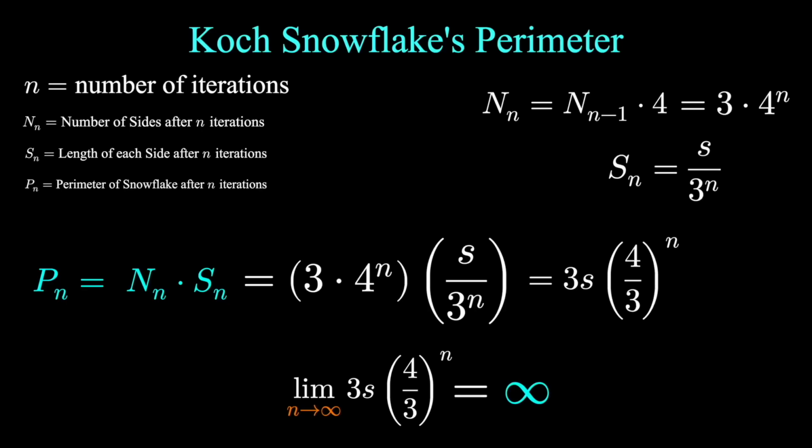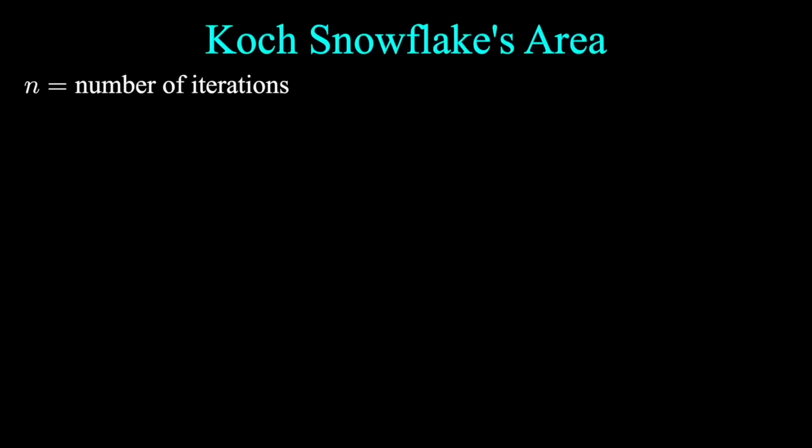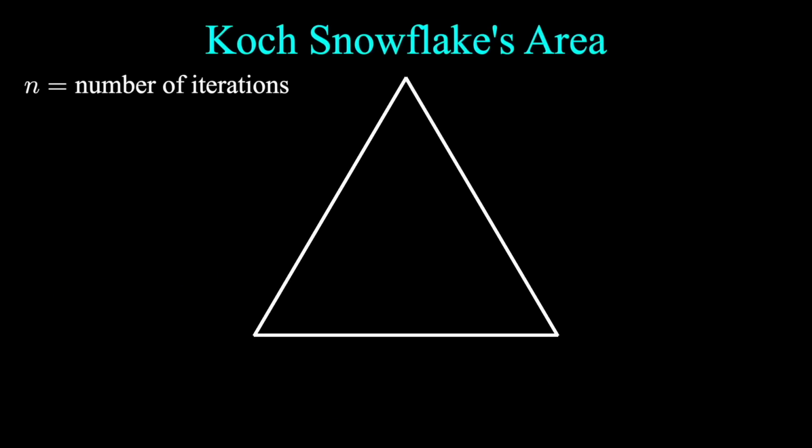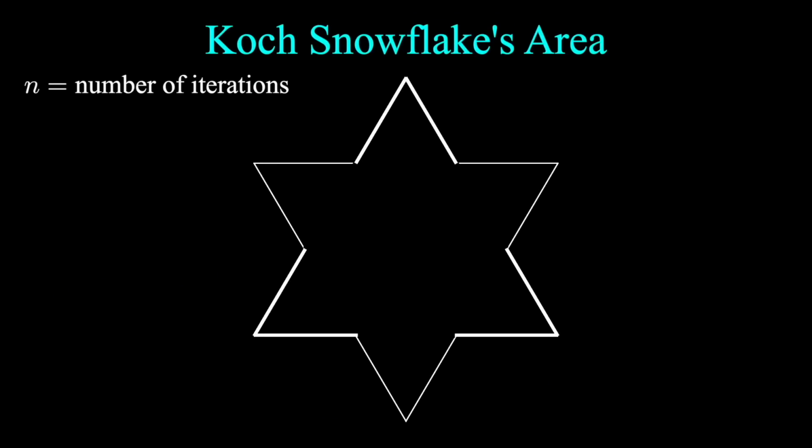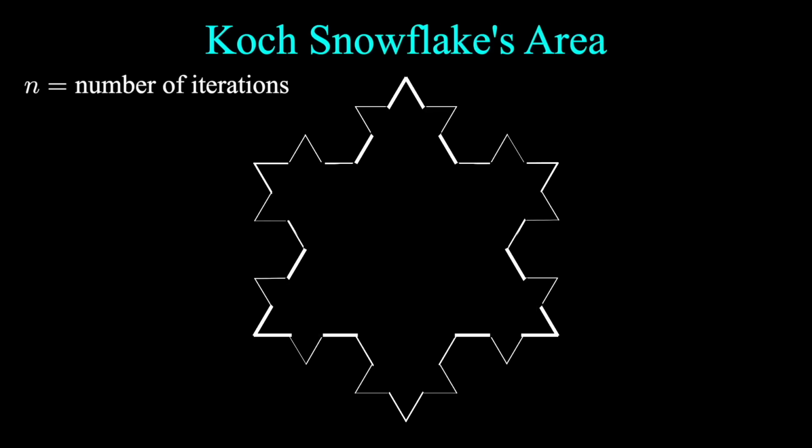Here's the paradoxical part. What if we look at the area of this object? Since we're talking about area, we'll have to know how many triangles there are, not just the number of sides. Let's let capital T sub n denote the number of new triangles added in the nth iteration. The new number of triangles we add just depends on the previous number of sides.